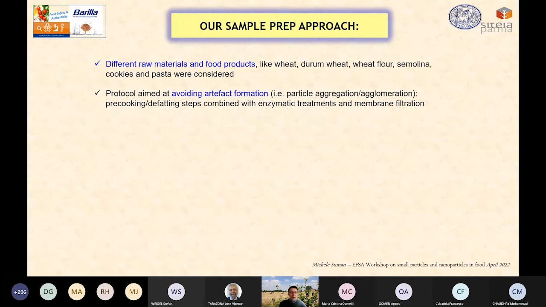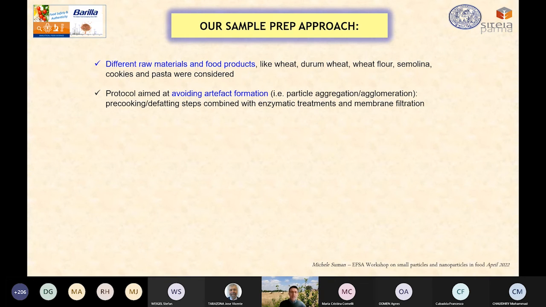When we consider our sample preparation approach, we were looking at different kinds of chains and different kinds of raw materials and food products, even if today's presentation will be focused on the wheat and durum wheat chain. We were also looking at cookies and other bakery products.